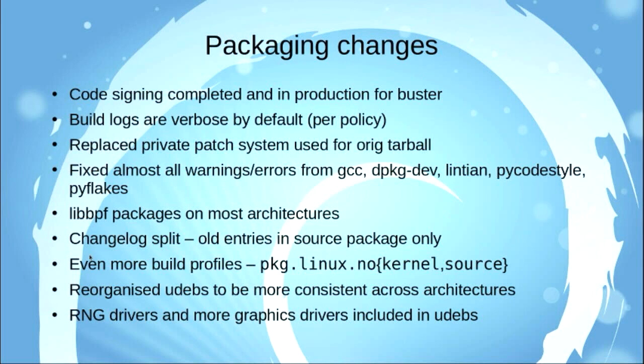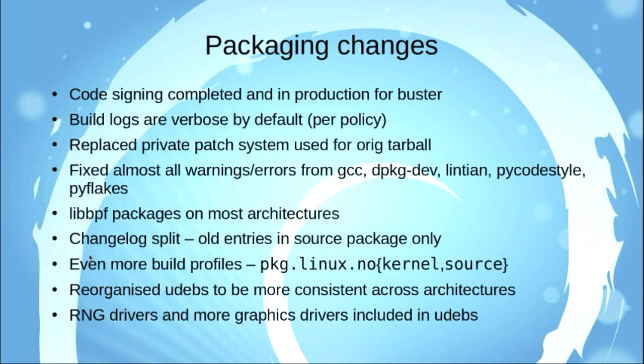I went through and fixed almost all of the warnings and errors from GCC, from dpkg, Lintian, and pycodestyle and pyflakes. We have a bunch of Python scripts in the source package. There's a libbpf used for dealing with the increasingly poorly named Berkeley Packet Filter that's used for all kinds of purposes in the kernel now.